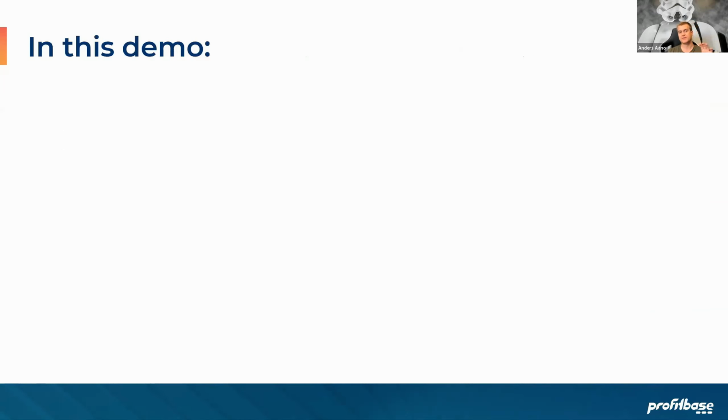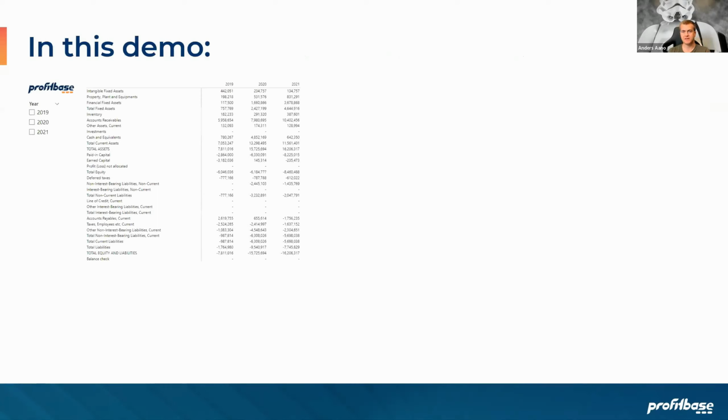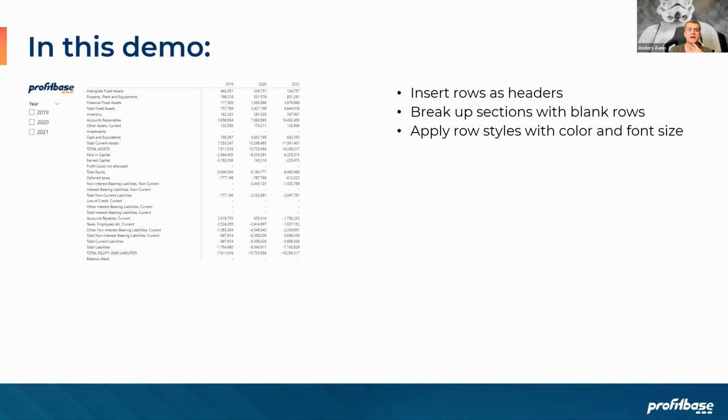So in this demo, I'm going to go from this in Power BI, and I'm going to insert rows as headers. I'm going to break it up into sections so it's easier to see what goes where and how this goes together. I'm going to apply row styles with different colors and font sizes. I'm going to use margins and paddings to also expand some of the air around it. And I'm going to use outlines and separator lines to make it better.